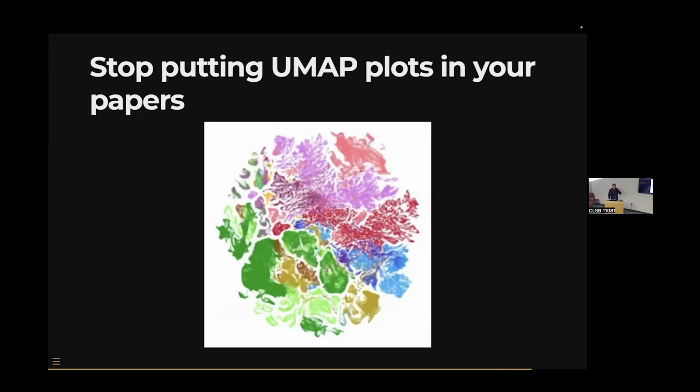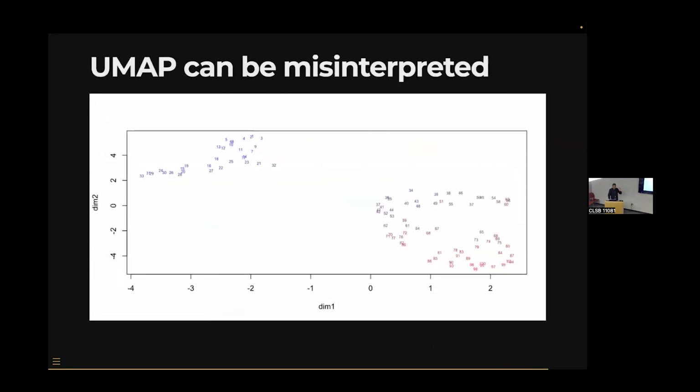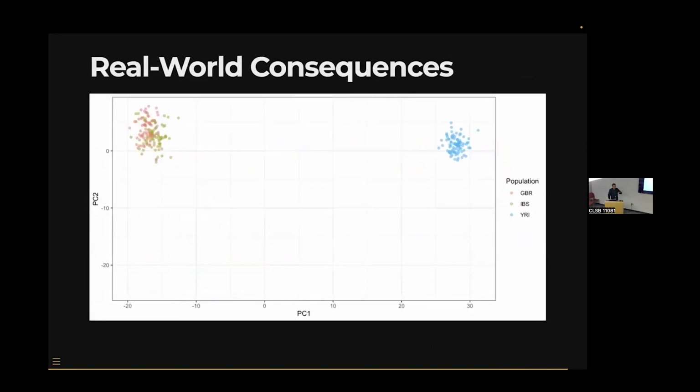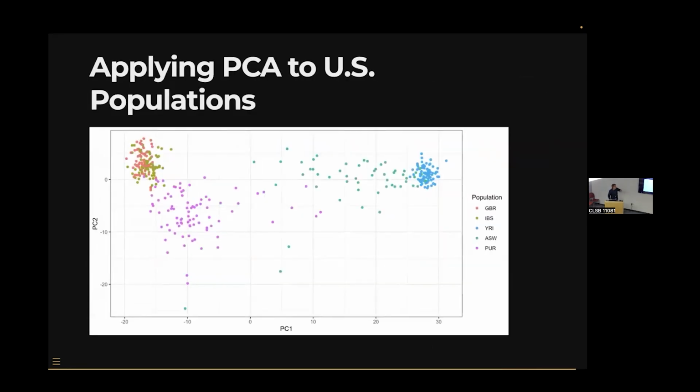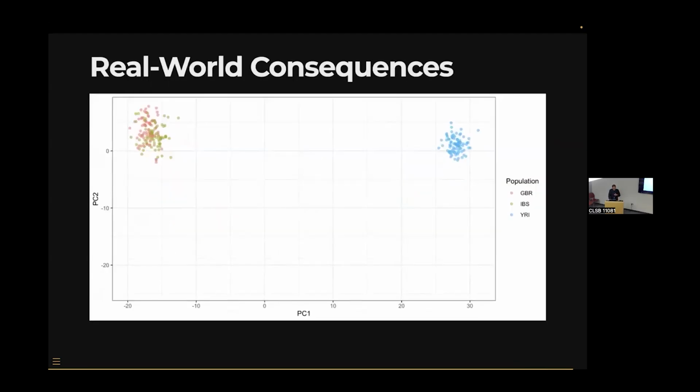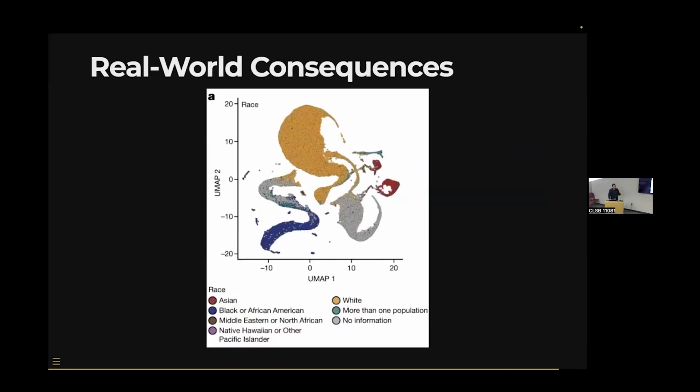So the PCA plot has that interpretation. It depends on how much variability you explain, but you can kind of say that these two people are close to each other genetically compared to this person and these people. Right? It'll be a pretty okay approximation. With UMAP, there's none of that. That's not there.